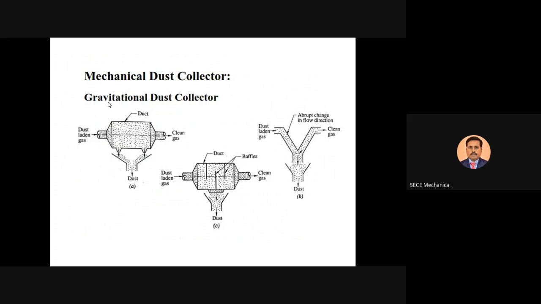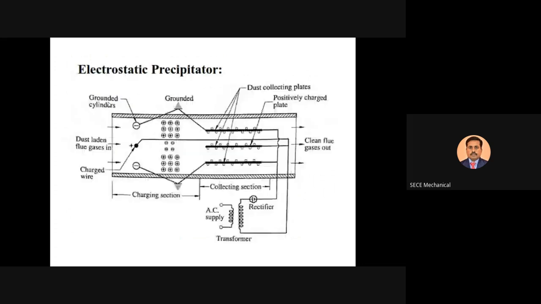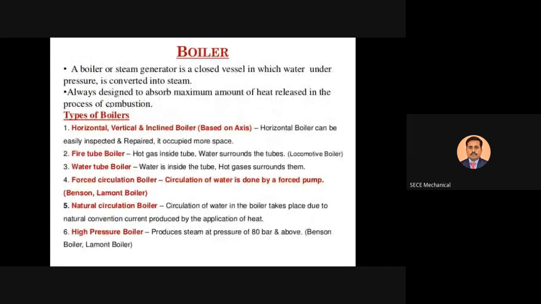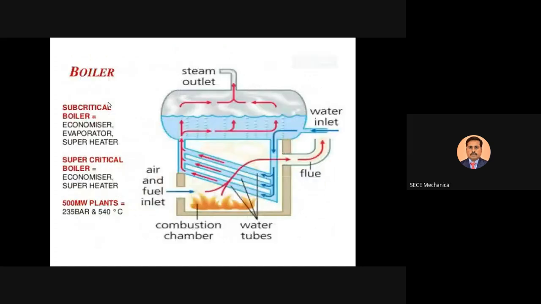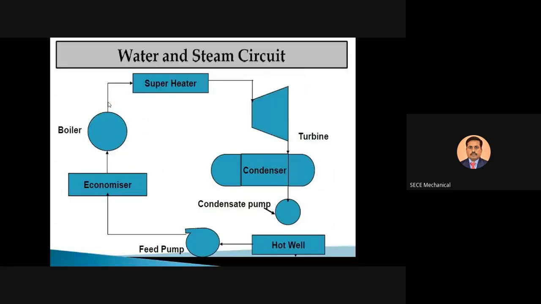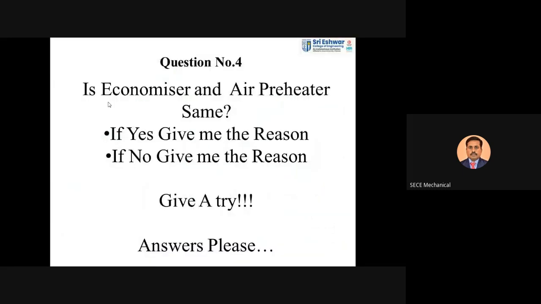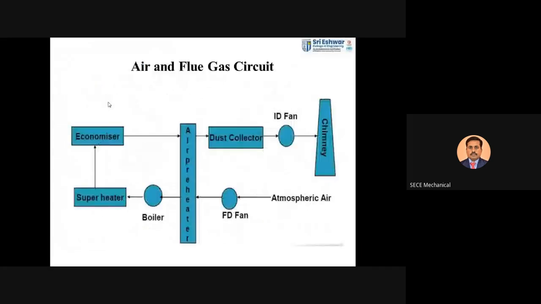What is meant by gravitational dust collector. All those things we are going to discuss. And finally we are going to discuss the boiler: what is a boiler, what the different types are, how boilers are used in the steam circuit, all those things. That's all for now. If you have any questions you can ask.